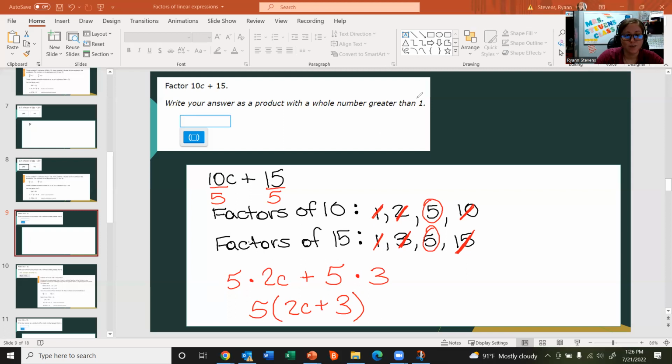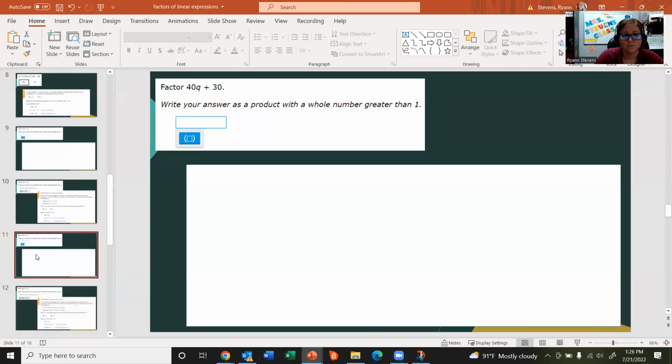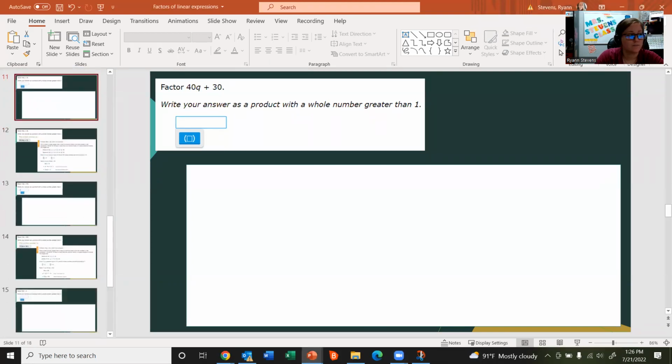All right, let's take a look at another one. If we're looking at factoring 40q plus 30, we want to write it as a product. We're going to find a number greater than 1 that is a factor of both 40 and 30.